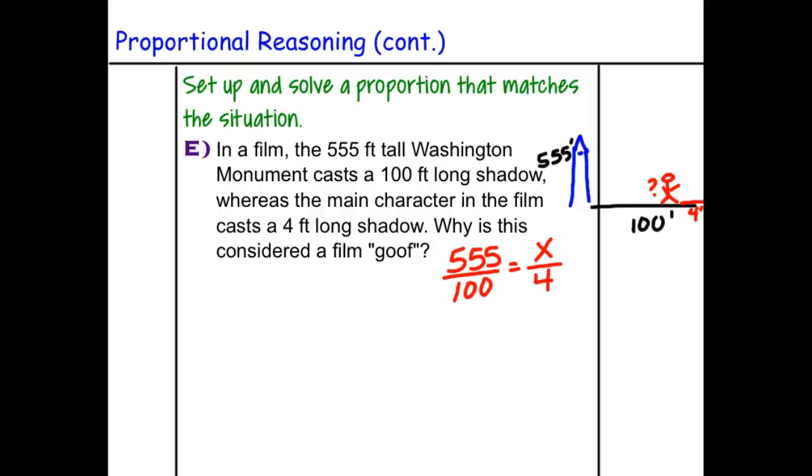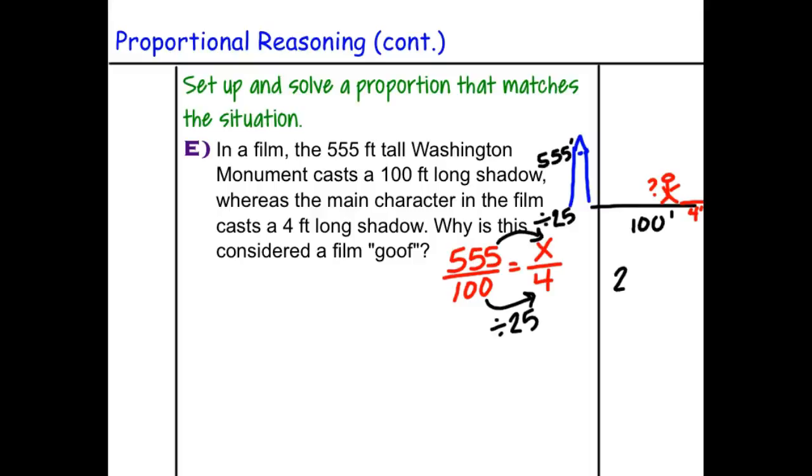I look at this, and I say, oh, I know that to get from 100 down to 4, I can divide by 25. I always want to head in the direction of the variable. So if I take 555, I need to divide that by 25. Since that's not asking me how tall the person is, we can just start getting an idea. 25 goes into 55 twice, that's 50. So there's 5 left over.